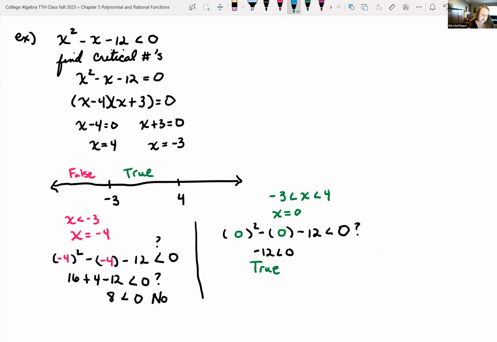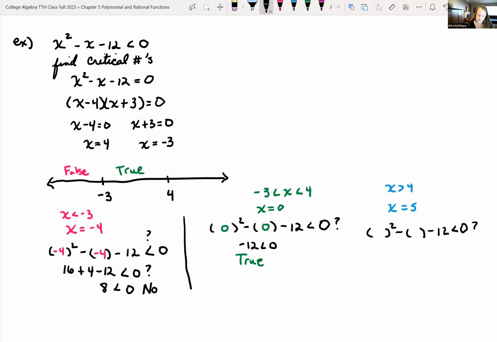So for instance, let's look at x equals 5. So again, going into our inequality and plugging in 5 wherever we see an x, we want to know, is that less than 0?